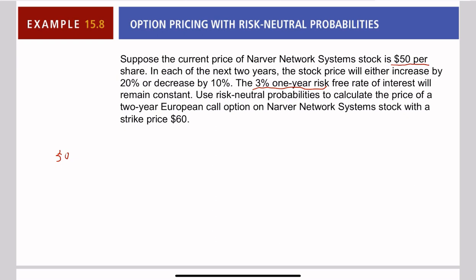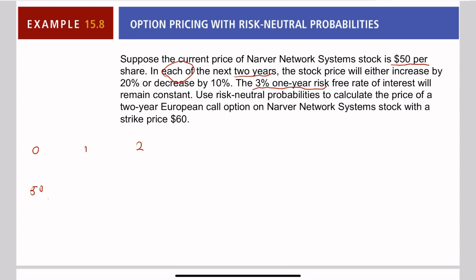This one is slightly complicated because we have 2 years. So first you have to think how the share price will change over 2 years. The problem tells you that it either increases by 20% or decreases by 10% in each of these 2 years. So this basically means if you draw out the timeline here, today it is 50.